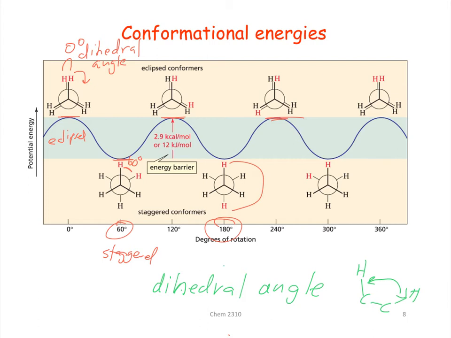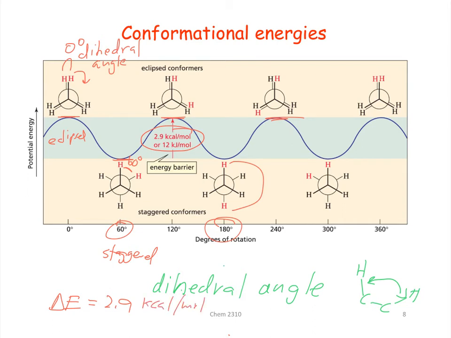All right, so the other thing I'm going to show you here is that if we look at the energy difference, so delta E, it's listed right here, between the eclipsed and the staggered equals 2.9 kilocalories per mole.